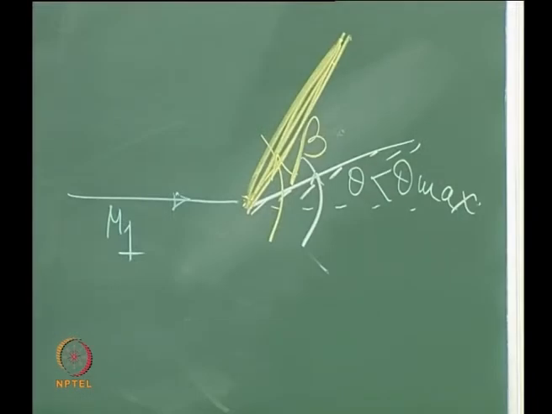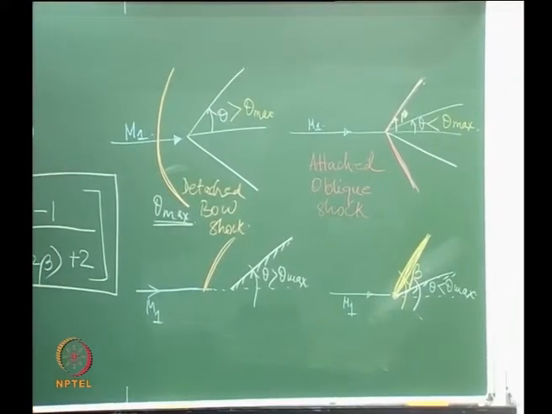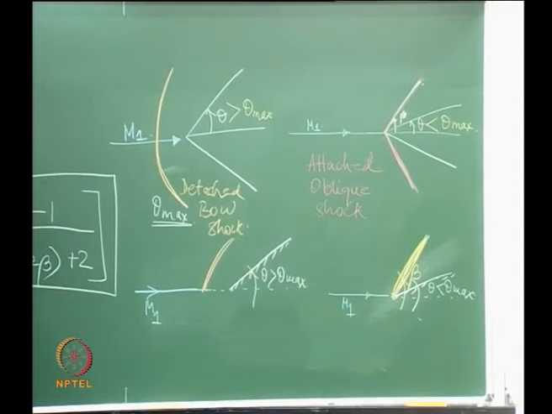So in this case also we'll have an attached shock structure, and in the other case we'll have a detached bow shock. So this is for basically corners, wedges and corners.